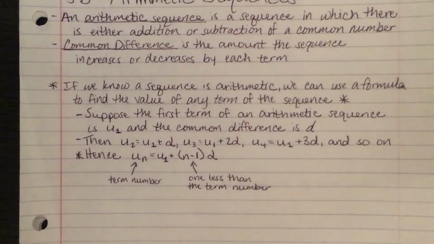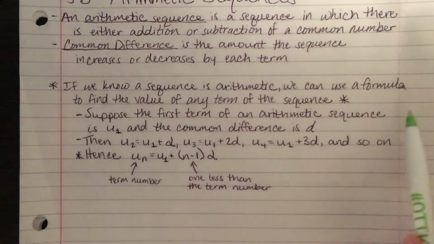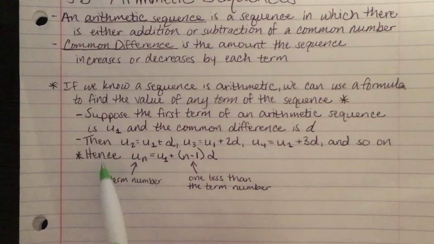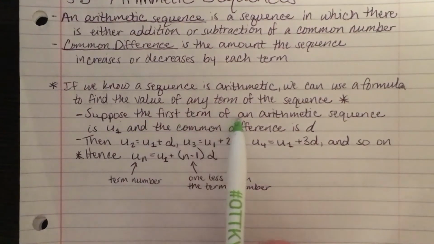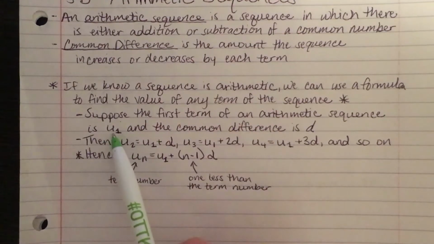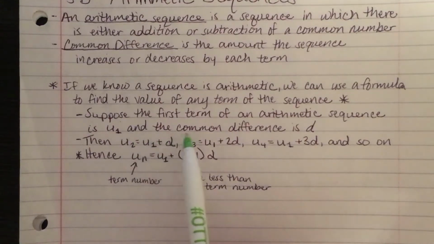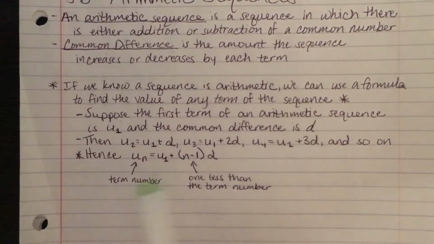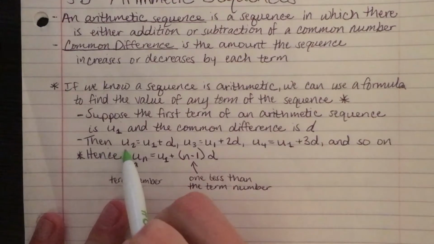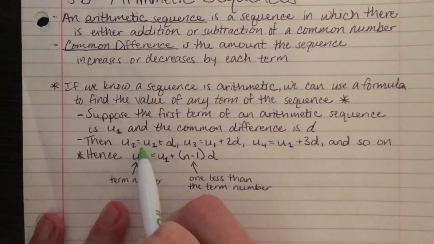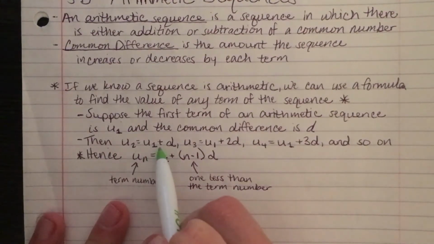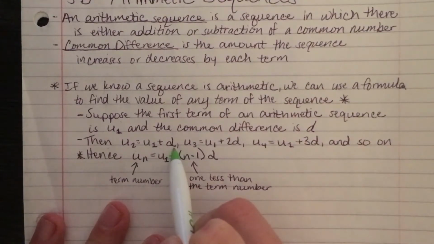And that's what we referred to earlier as the explicit formula. So if we want to do some general terminology here, suppose the first term of an arithmetic sequence is u sub 1 and the common difference is d. We would get the second term, u sub 2, by doing the first term plus the common difference.